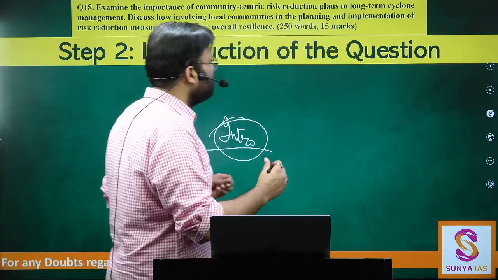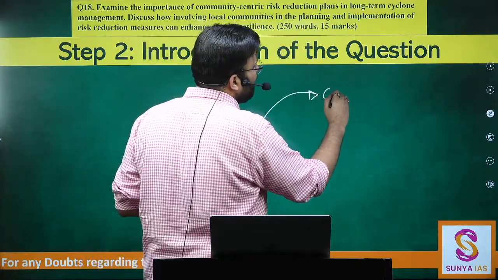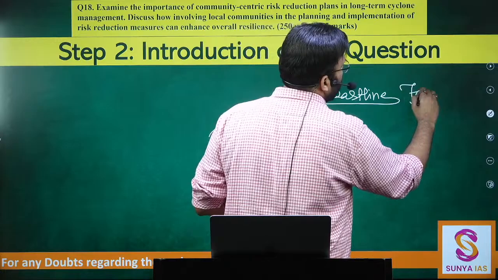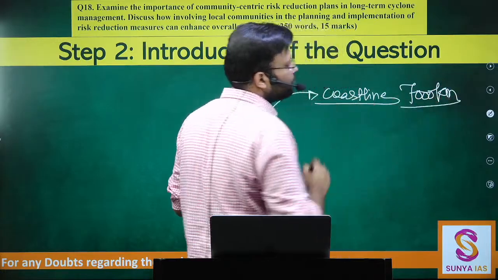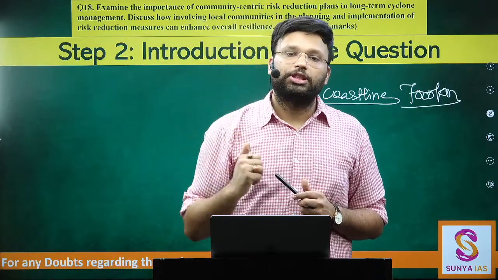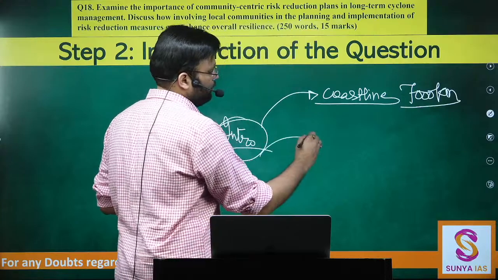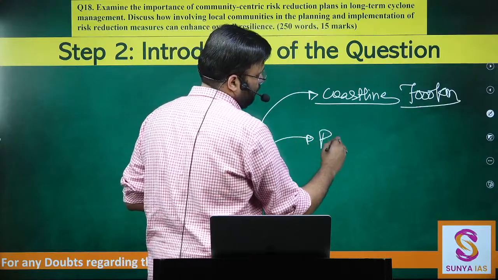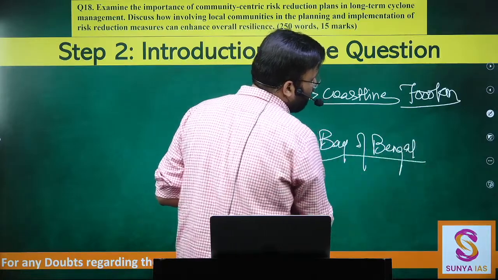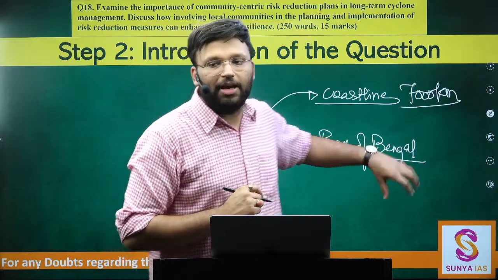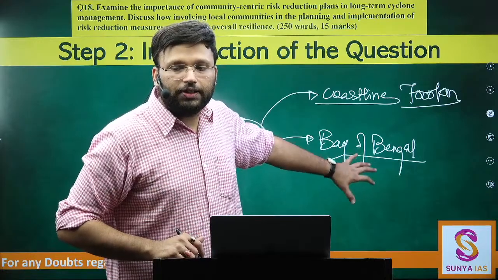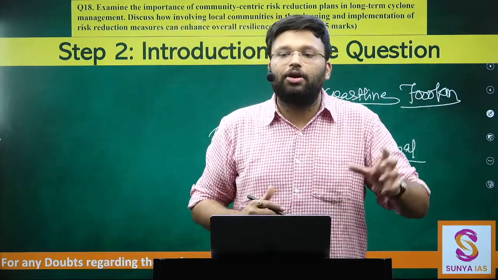So what you can do is tell how India has a coastline that extends up to 7,000 kilometers, right, and how India is vulnerable to cyclones. Why? Because we see that the Bay of Bengal is very much vulnerable to the formation of tropical cyclones, right. So first of all, we have to show the context, the geographical context.